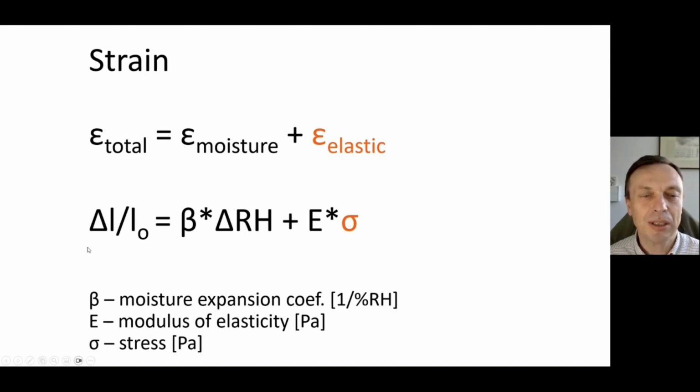So the equation is that the total strain equals beta, the moisture expansion coefficient, multiplied by the change in relative humidity, plus the elasticity modulus of the material multiplied by the stress applied to the material.